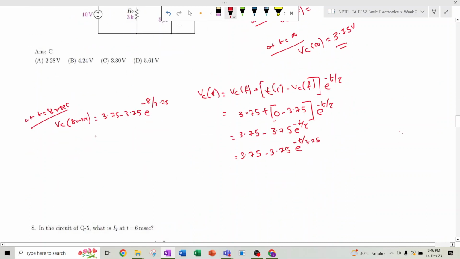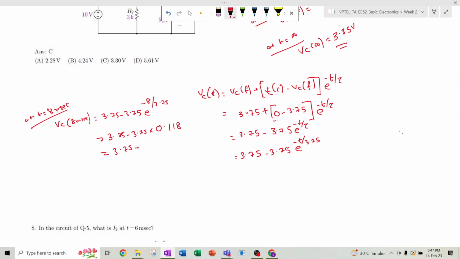Okay. So it is basically 3.75 minus 3.75 into, I am just calculating this part, e to the power minus 8 by 3.75. So it is 0.118.